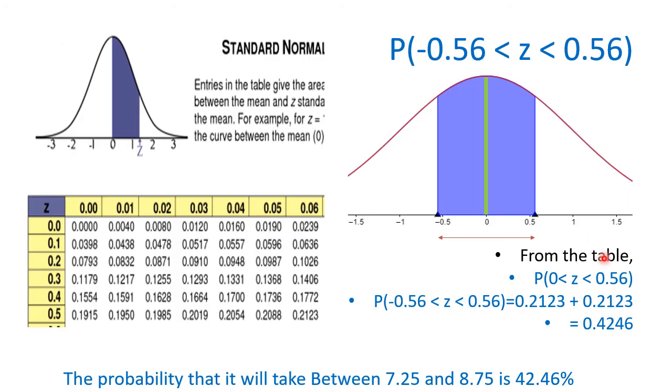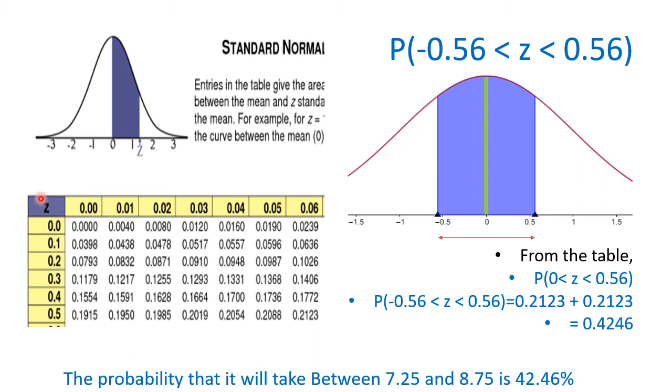Let's look at the diagram. This is the diagram that we will have. I'm looking at the area between these 2 values. But what do I get from the table? From the table, I'm going to get the area between 0 and 0.56. Let's look at 0.56.